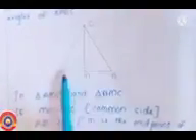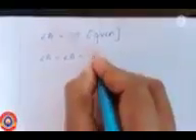Then we can say that angle B is also 50 degrees. Then using these two angles, we can find the third angle in this triangle. Therefore, angle A is equal to angle B is equal to 50 degrees.